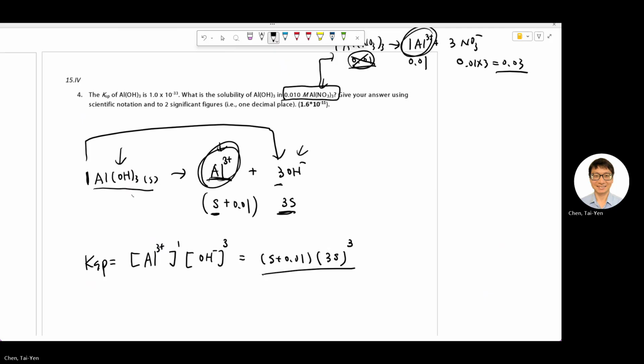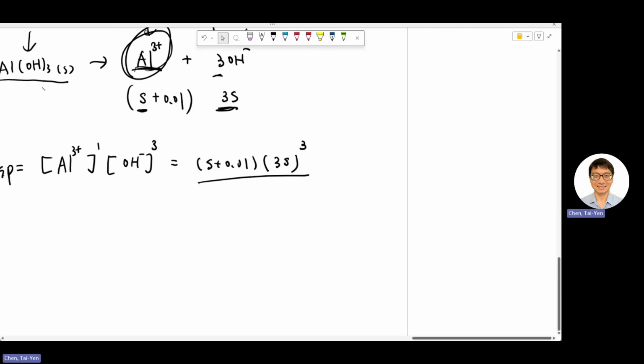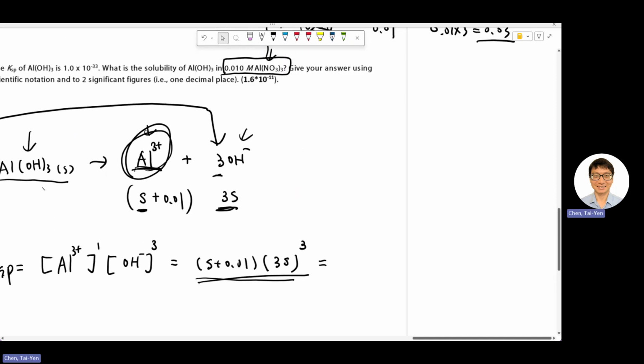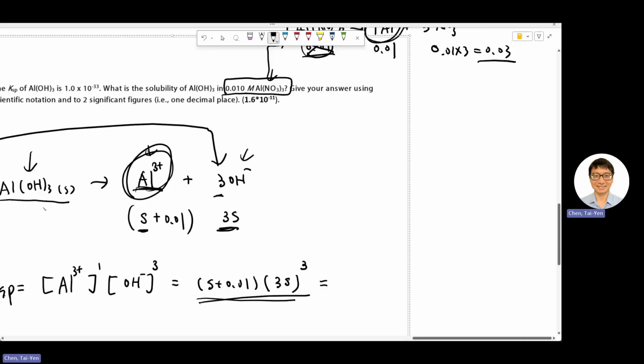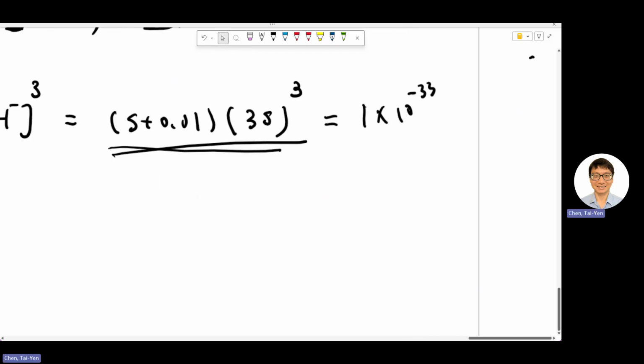Okay. So once you can understand this, then we come to these points, right? You have this. It's going to equal your Ksp, 1 times 10 to the negative 33. So in this type of calculation, in chapter 15, one thing that you need to know is that the small x approximation always holds.